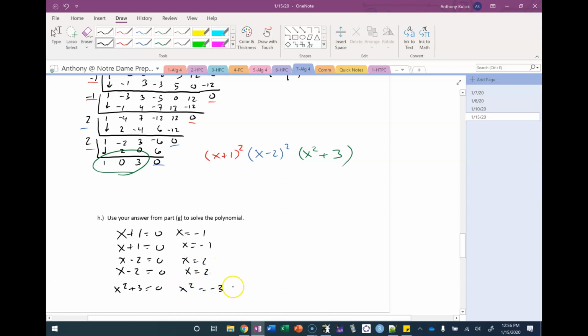I subtract 3 from both sides, square root both sides, and because I have a negative sign underneath my square root, I have to use an i, so I have plus or minus i root 3. Everybody okay there? So there's my 6 solutions.